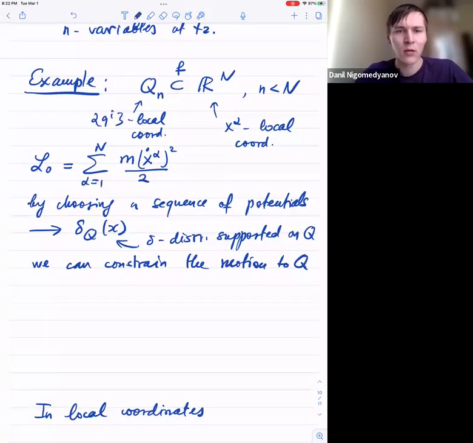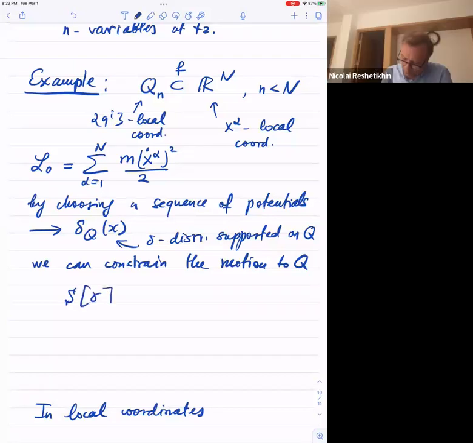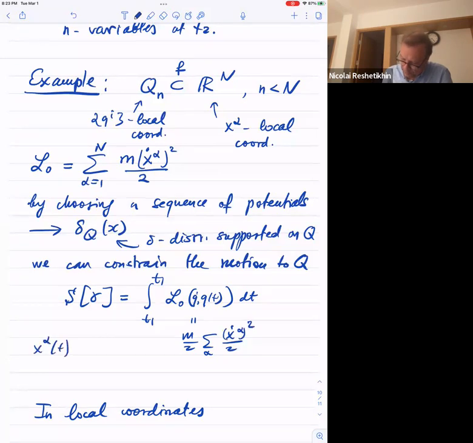So now we're looking for critical points of S(gamma), which is the integral from t1 to t2 of L_0(q, q dot) dt, and this is just m over 2 sum over alpha of x-alpha-dot squared, where x^alpha(t) is f^alpha(q(t)).